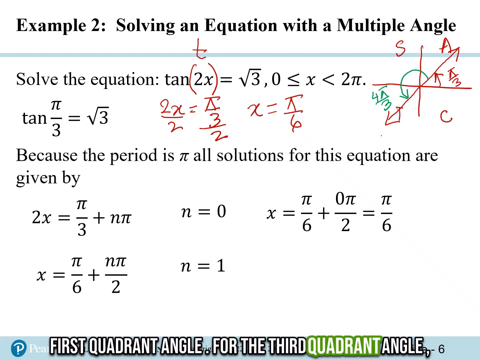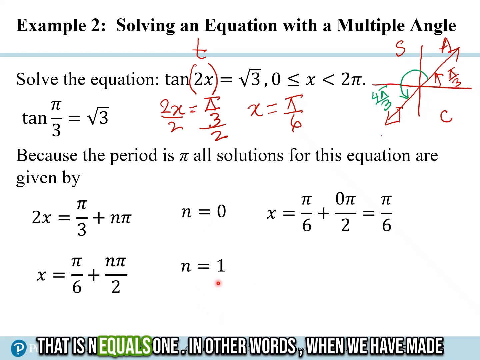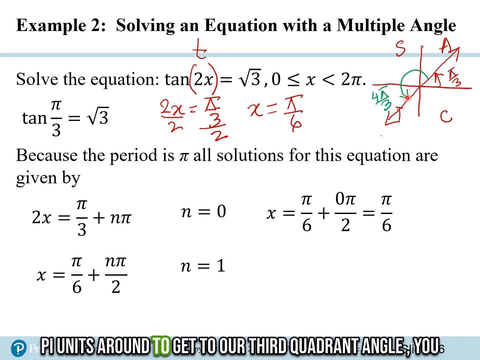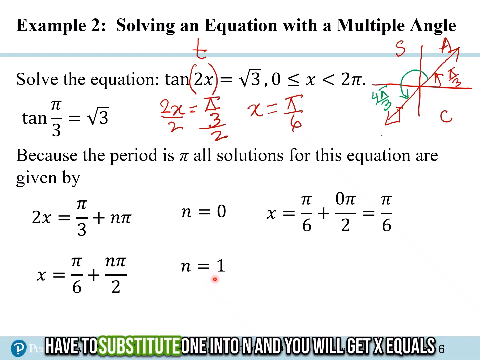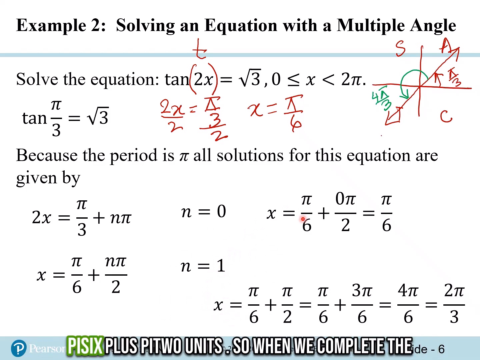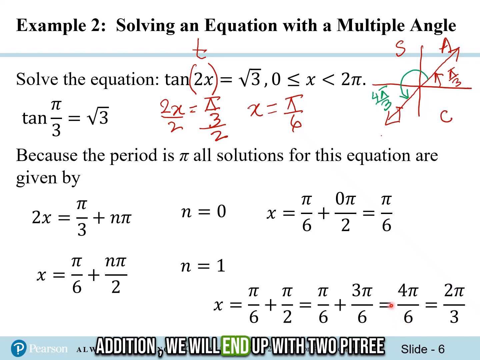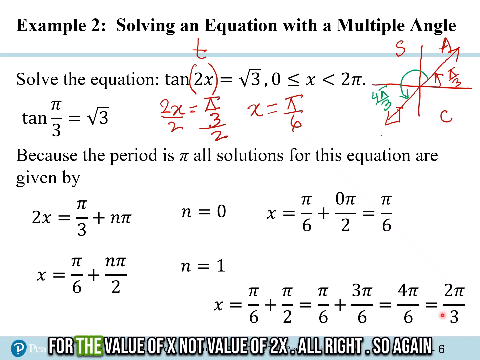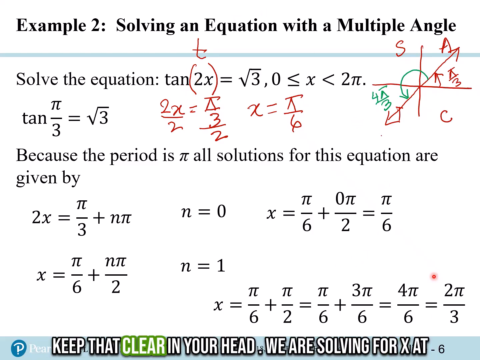For the third quadrant angle, that is n equals 1. In other words, when we have made pi units around to get to our third quadrant angle, you have to substitute 1 into n and you will get x equals pi over 6 plus pi over 2 units. So when we complete the addition, we will end up with 2 pi over 3 for the value of x, not the value of 2x. All right. So again, keep that clear in your head.